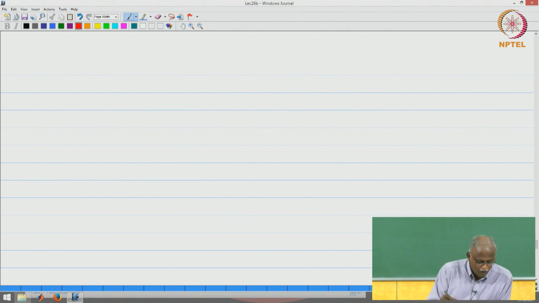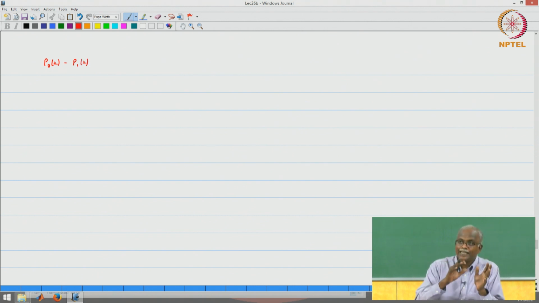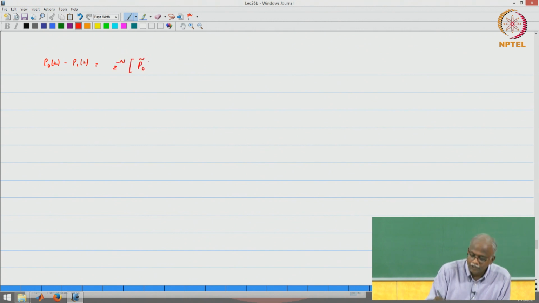Now, what about p naught of z minus p1 of z? It must contain all of the zeros that are reciprocals of p naught of z plus p1 of z, right. This is equal to, we showed the expression z power minus n p naught tilde of z plus p1 tilde of z.